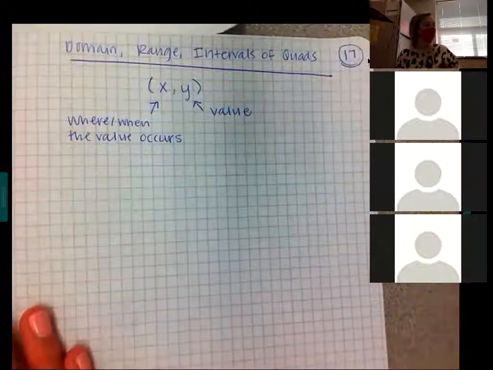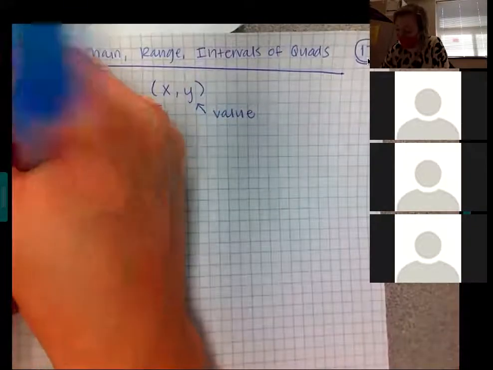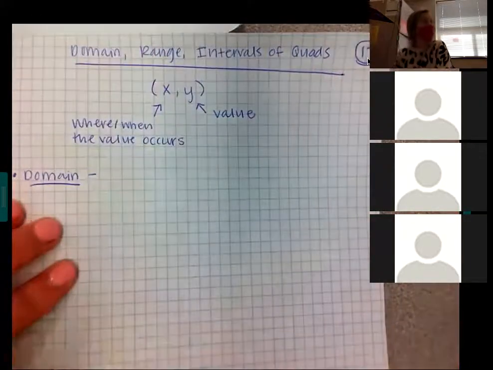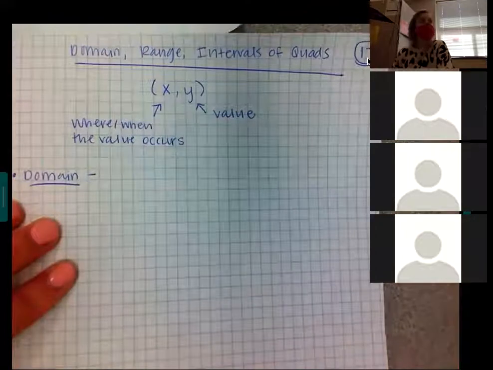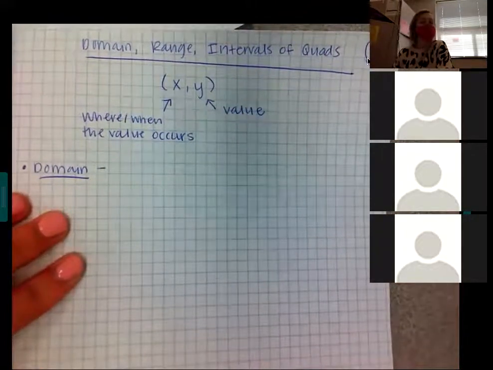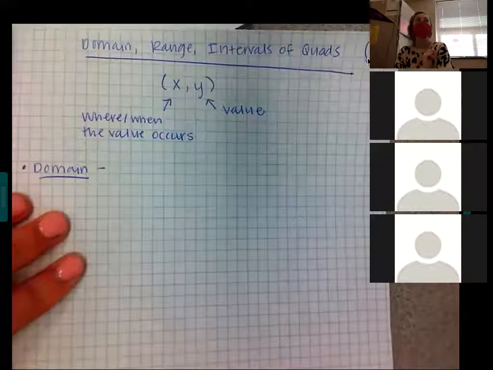So let's write down our definitions for domain and range. And I think you guys have heard of domain before too. Carter, I think you were about to tell me what it was. That's okay. The math definition is very similar to the real world one. So like if you say something is in your domain in the real world, let me give you an example. Volleyball, in my domain.